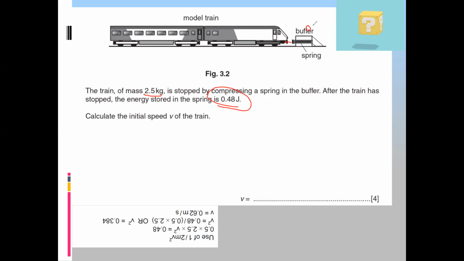So if energy stored in the spring is 0.48, what was the energy of the train? The energy of the train was also 0.48 because the energy of the train is transferred to the spring.